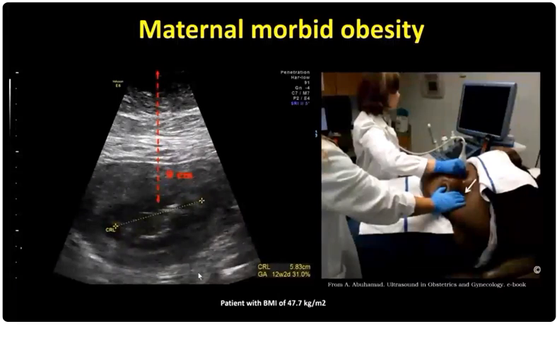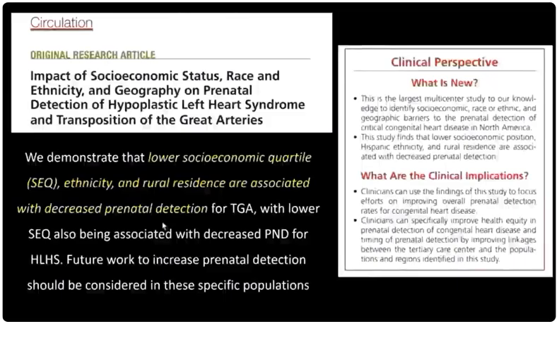The factors that really affect the visualization and the detection rate include maternal obesity. You can see here the image in the first trimester, where the increased distance from the probe to the area of interest, the fetus and the fetal chest, really makes the imaging very challenging.